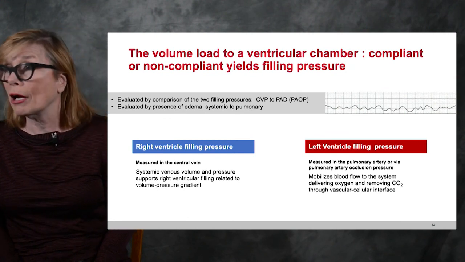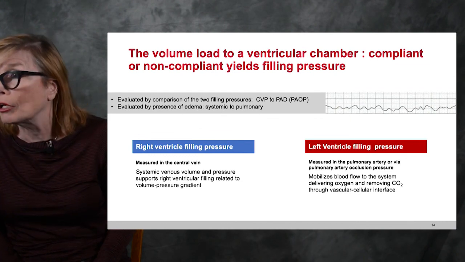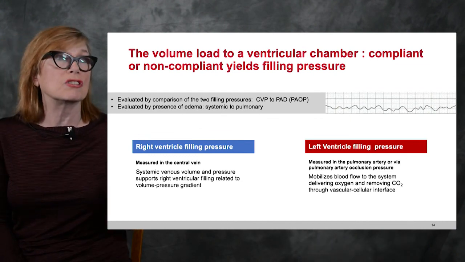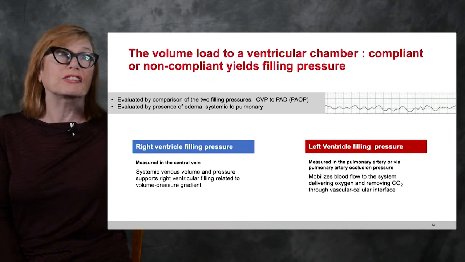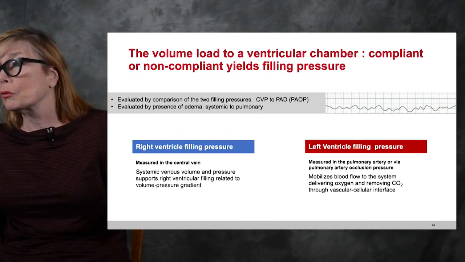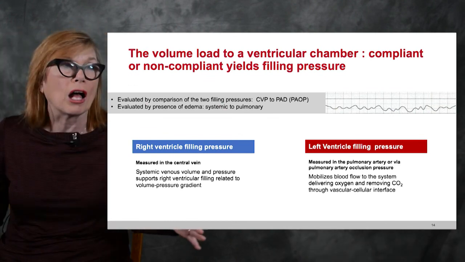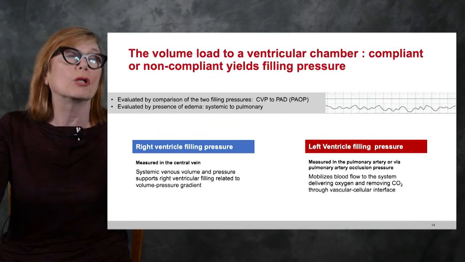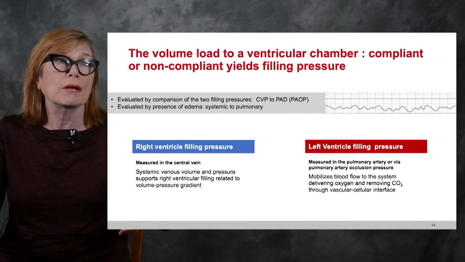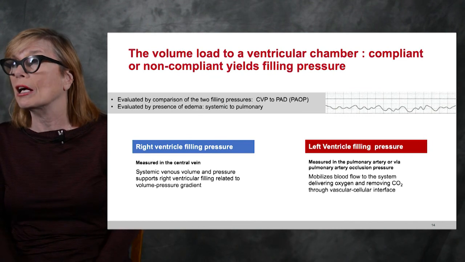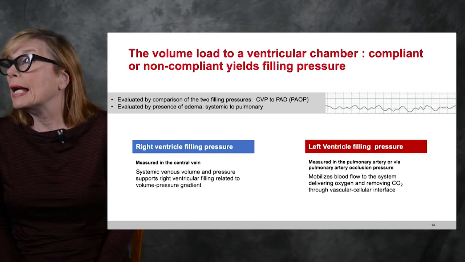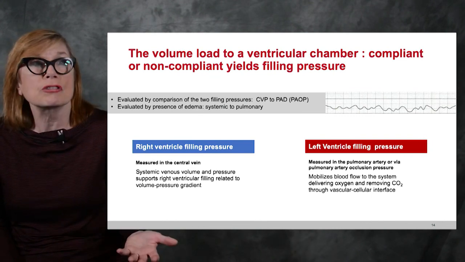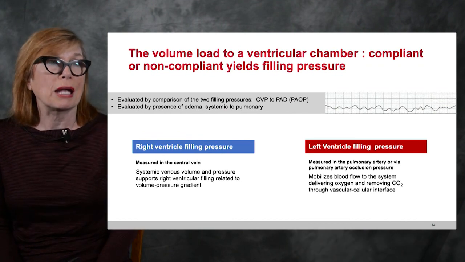Now, I'm not monitoring central venous pressure as a volume indicator, and that's one of the reasons that CVP monitoring has lost some of its allure, because folks wanted it to mean volume. It was never volume. It's always about the compliance of the right heart on being filled with volume from the central vein.